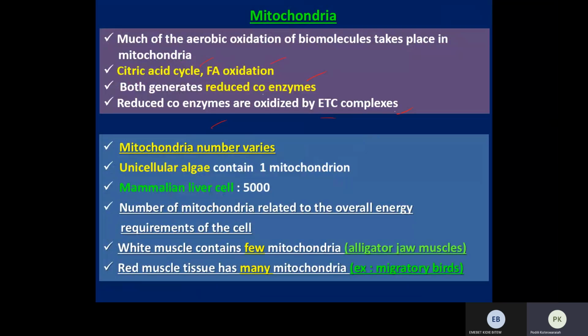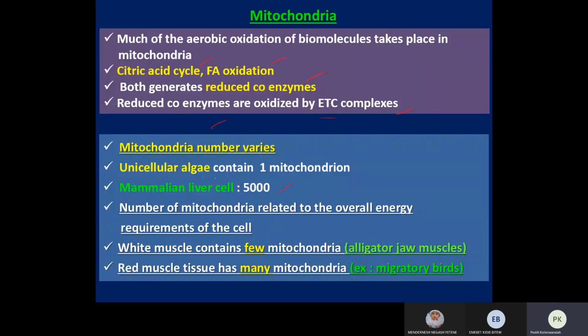We know that the number of mitochondria varies from cell to cell, and of course it depends on the energy requirement of the cell. For example, unicellular algae have only one mitochondrion, whereas the mammalian liver cell has 5000. The white muscle contains very few mitochondria, whereas the red muscle tissue has many.